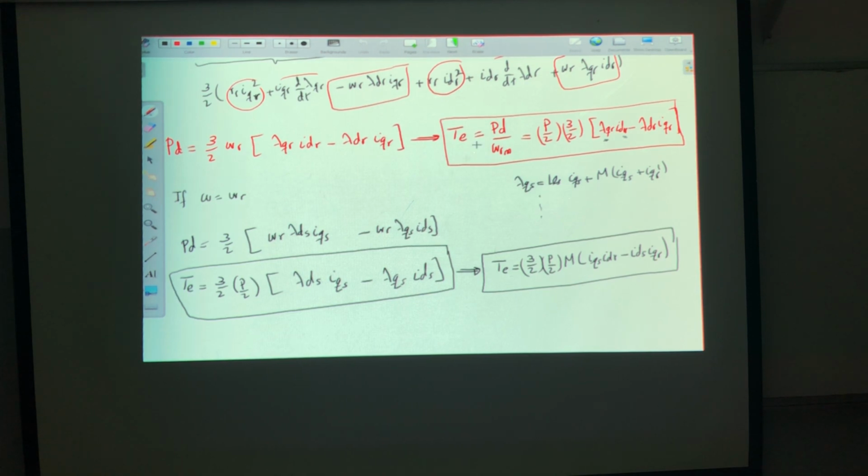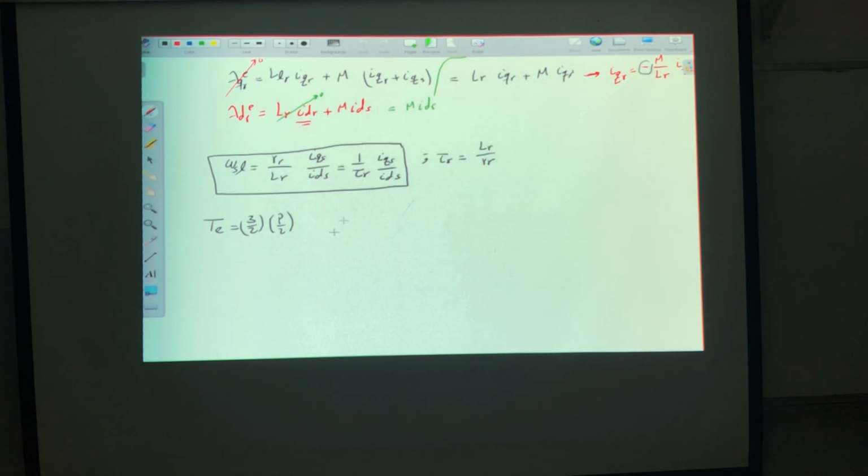So I'm having another expression here, which will be M over LR, IQS lambda DR minus IDS lambda QR. It will be the same expression.